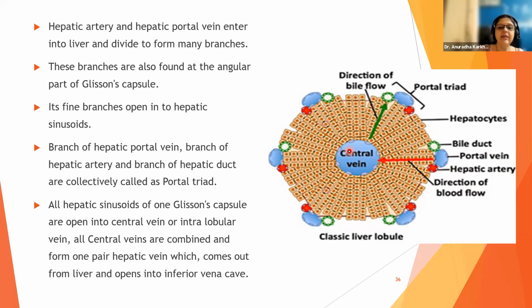So hepatic sinusoids of one Glissen's capsule all will open into the central vein. All the central veins of each and every Glissen's capsule will then combine and form a hepatic vein. And this hepatic vein will open into the inferior vena cava.